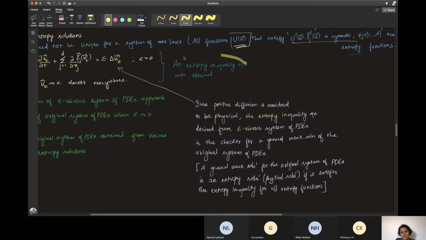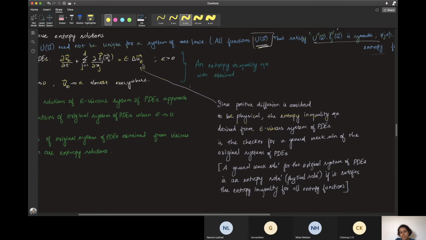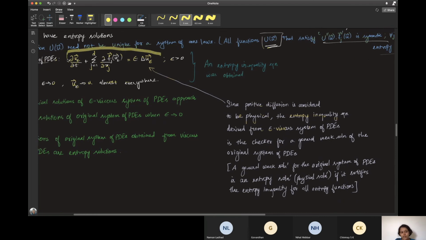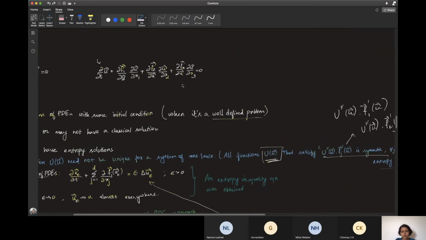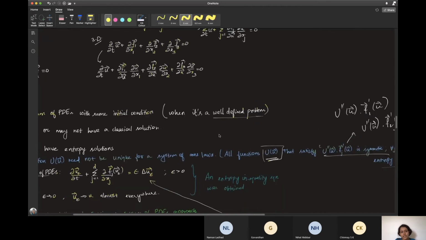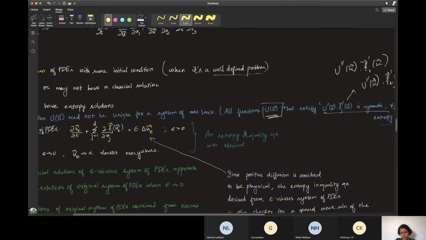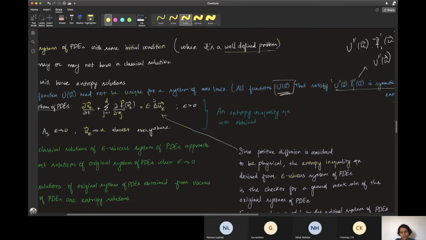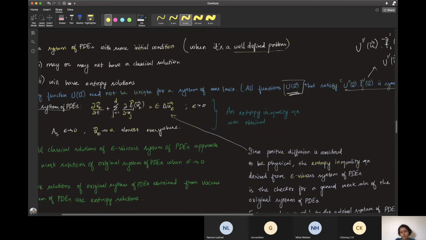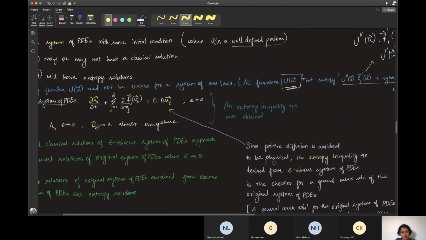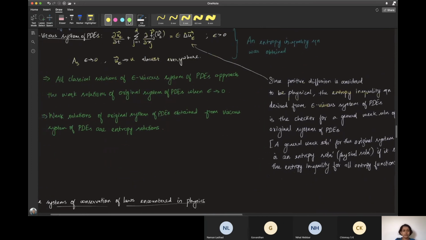If some solution satisfies the entropy inequality equation, then there is an associated epsilon viscous system of PDEs with that weak solution. Let's say a weak solution of your original system satisfies the entropy inequality equation. Then that weak solution can be obtained from the classical solution of the viscous system just by moving epsilon to 0. So it's a two-way thing.